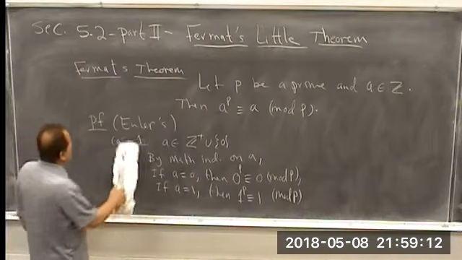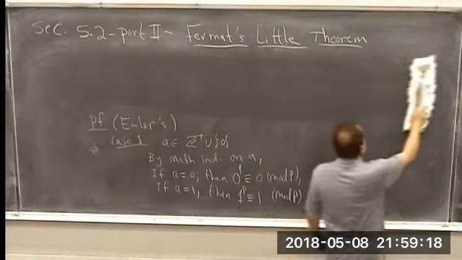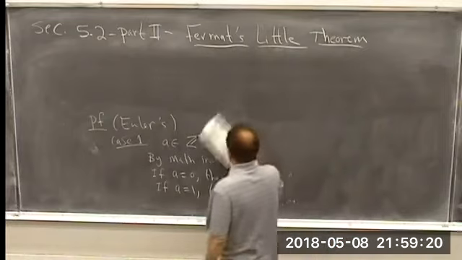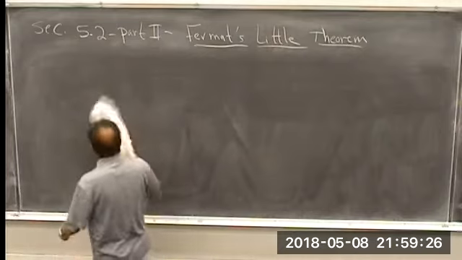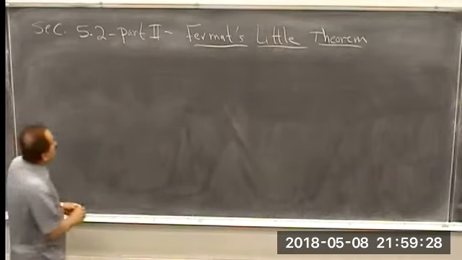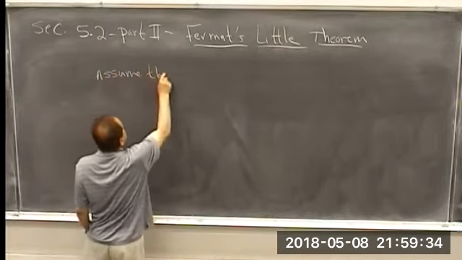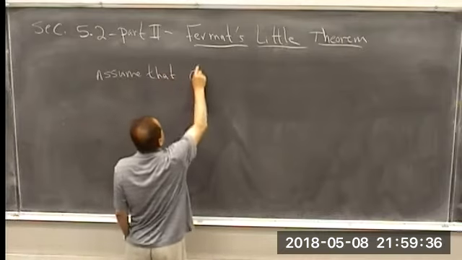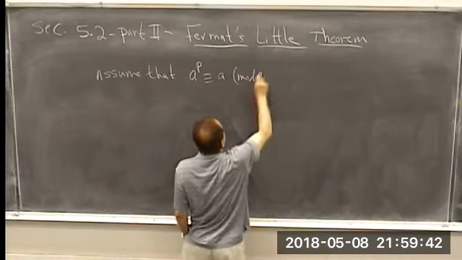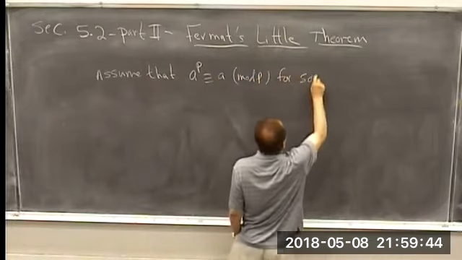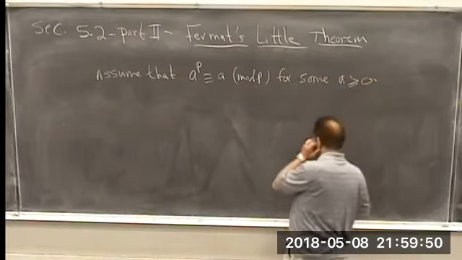So let's assume that the statement is true for a non-negative integer a. So here's the induction hypothesis. Assume that a to the p is congruent to a mod p for some a greater than or equal to 0.